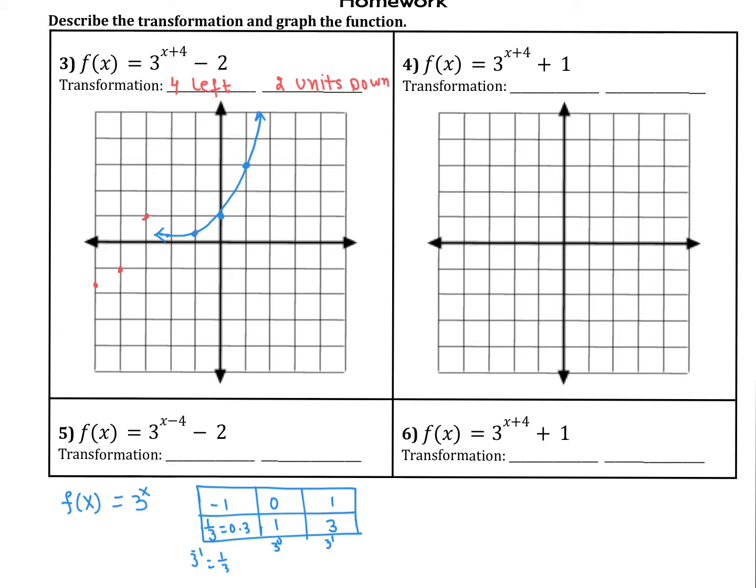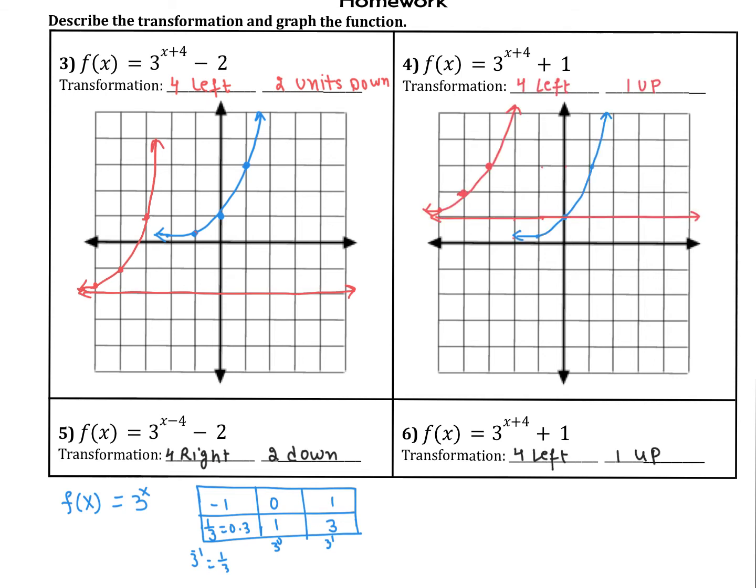And my asymptote line is moved also 2 units down, and my graph is going to look like this one, the new graph, which is moved 4 units left and 2 units down.